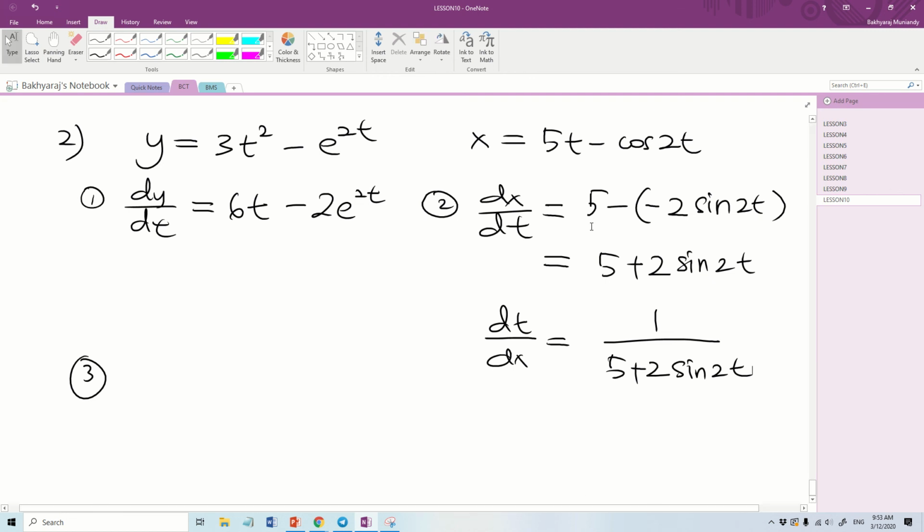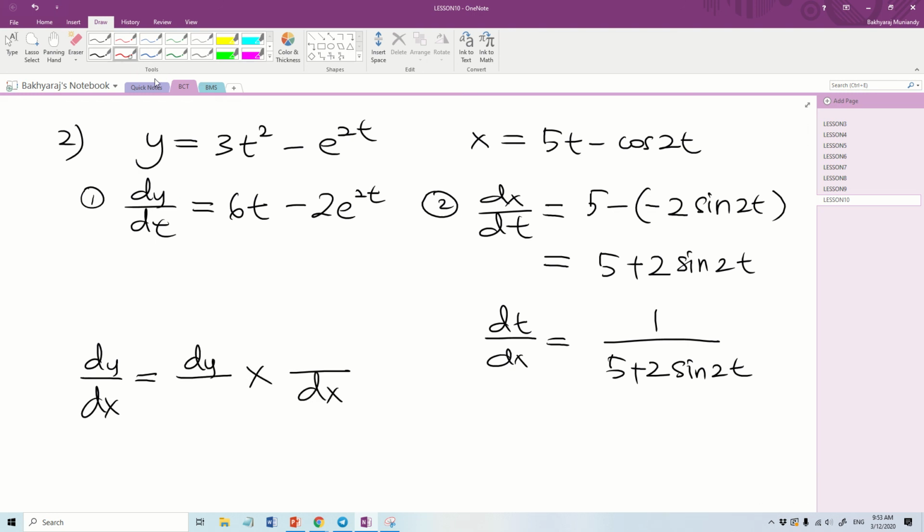Okay, so go for the answer. The answer is dy/dx equals dy over dt times dt over dx, and the empty place is replaced by dt here.